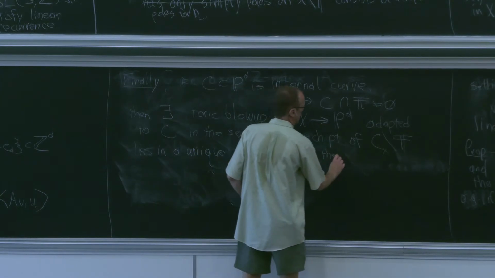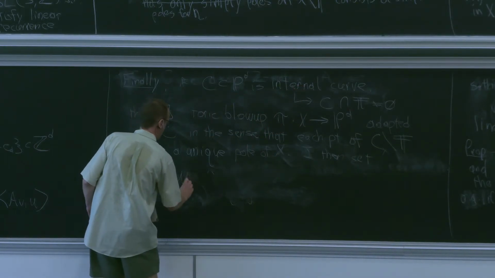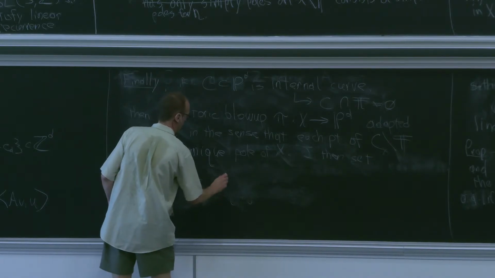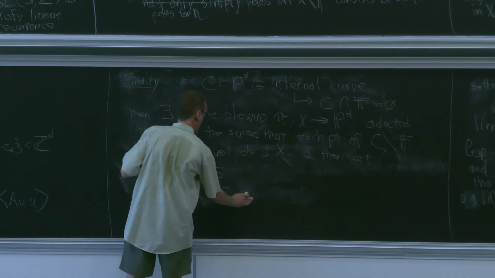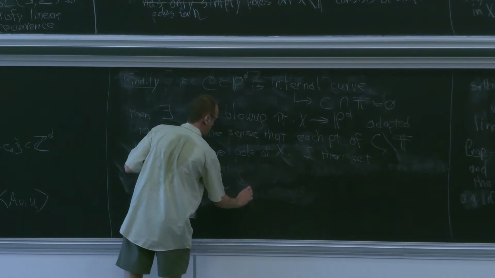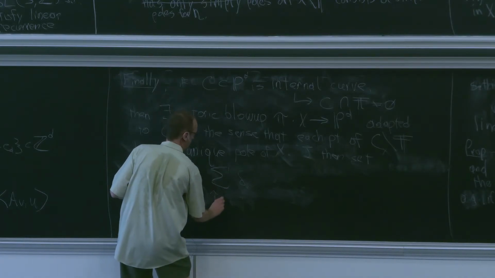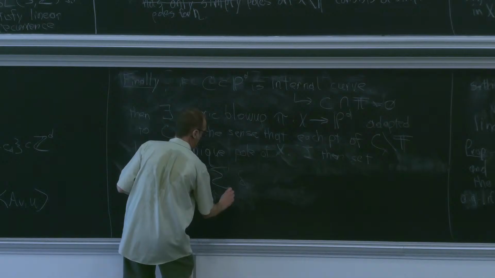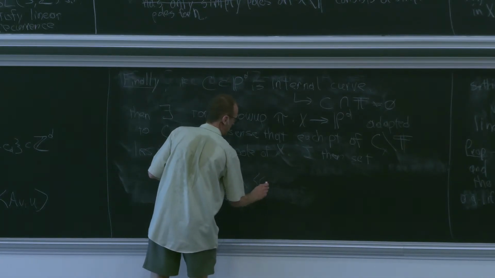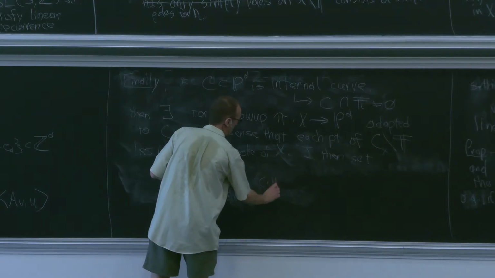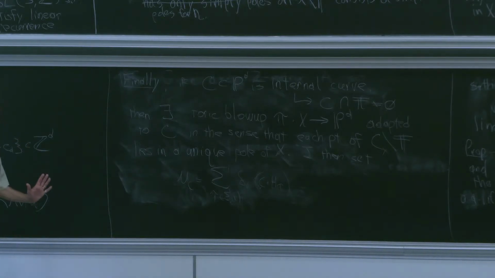So I then associate a measure to C. I'm going to set mu C equal to the sum over tau in sigma 1 of X of delta V times C dot H tau for each ray in the fan of X.